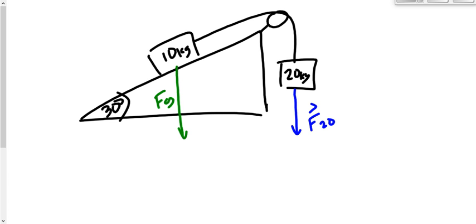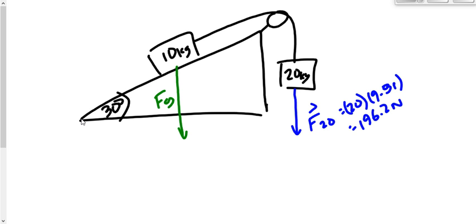Does that make sense? So we're going to account for the other 20 kilogram object over here. 20 times 9.81 gives me 196.2 newtons.